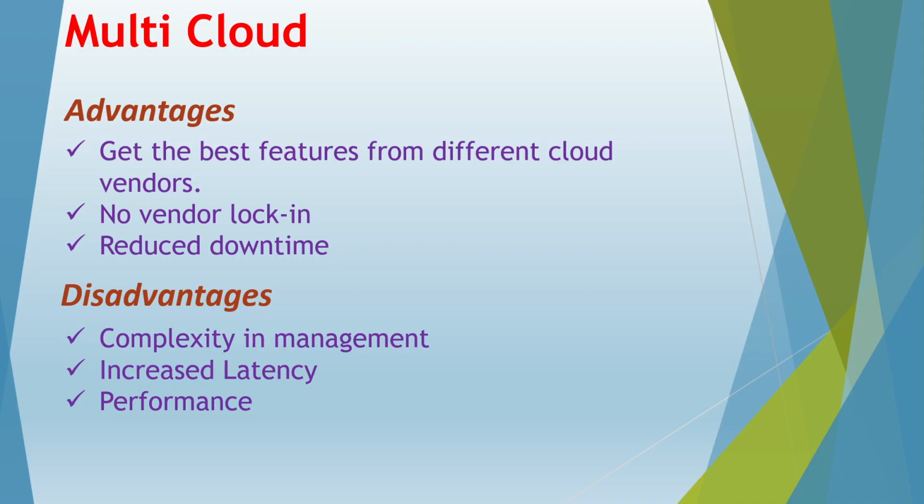Even if the application running on one cloud is impacted by an outage on that cloud, the other application running on a different cloud provider will still be running. That way the downtime of your whole application will be drastically reduced. As we are relying on multiple vendors, most of the time no two vendors will have downtime at the same time. That's why the downtime of your application is very low with a multi-cloud architecture.